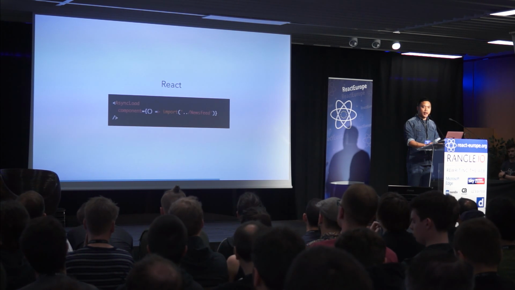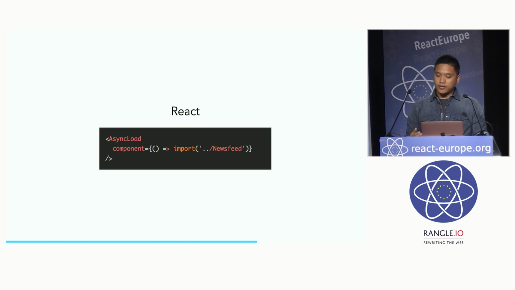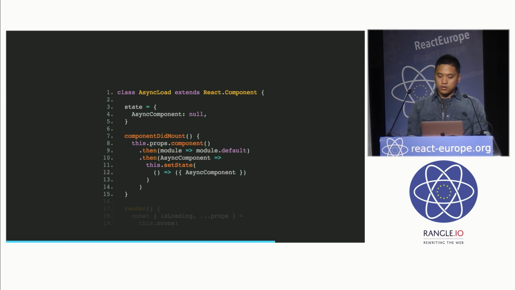So how would you do that in React? You could do it like this. You create a React component that loads an asynchronous component. You pass in a function that returns the return value of the dynamic import. In the component, you add a state like the async component.